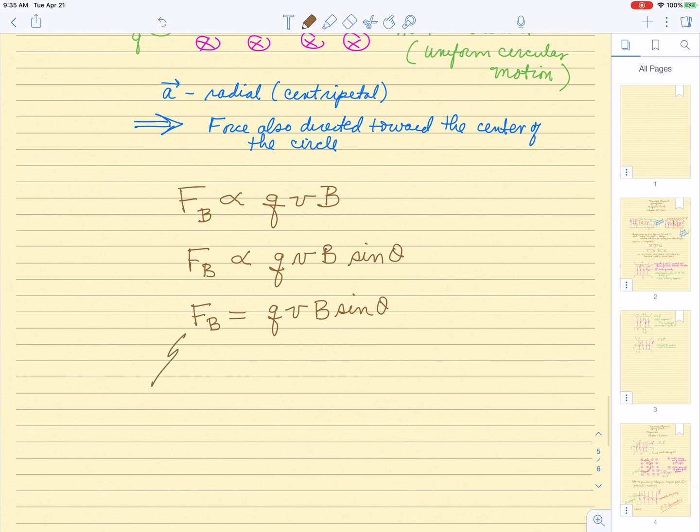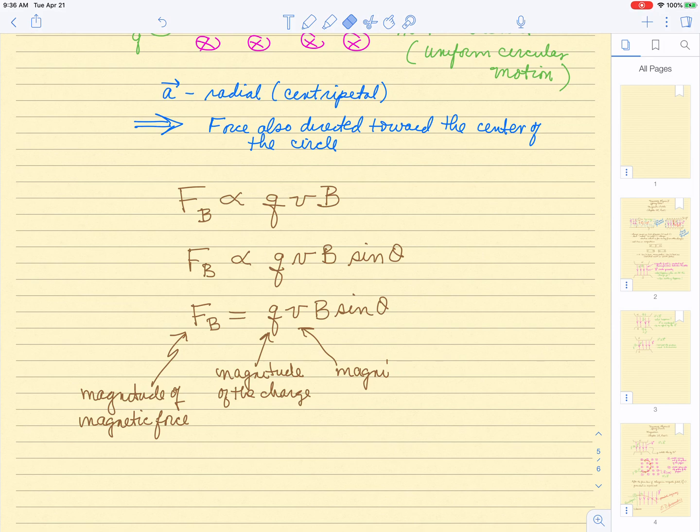So we should write these down, right? So this is the magnitude of the magnetic force, which we've given as F subscript B. This is the magnitude of the charge. This is the magnitude of the velocity.